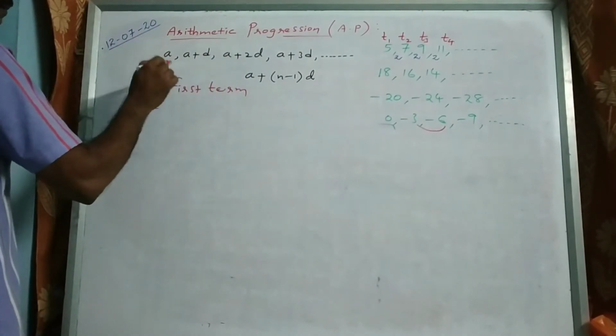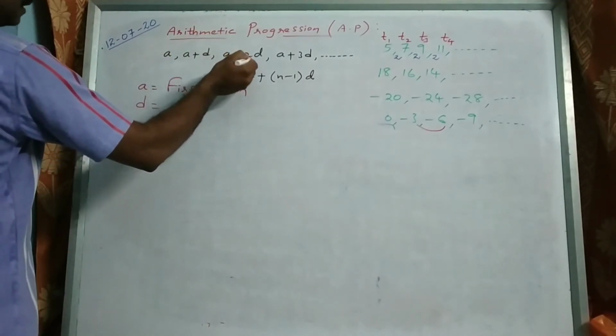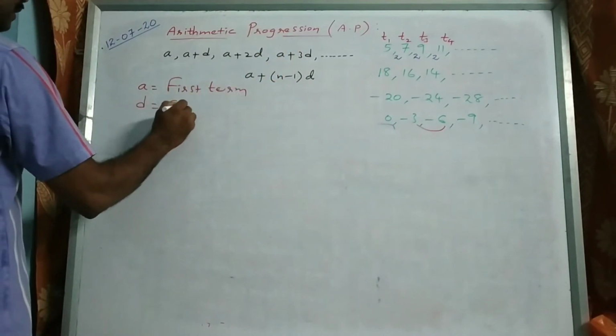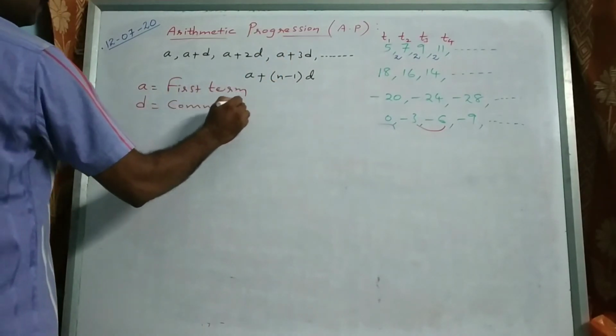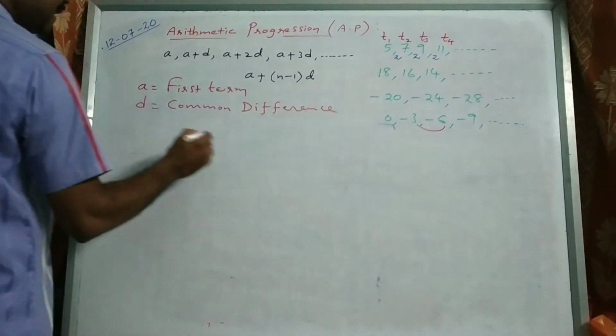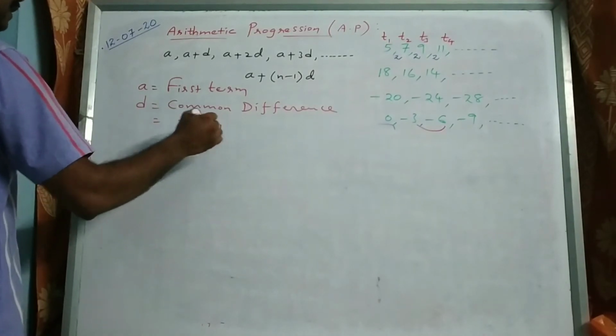Here D is added to the previous term to get the next term. That fixed number D is added: A plus D, A plus 2D, A plus 3D. One fixed number is added. That is called the common difference. How do you find this common difference? T2 minus T1.